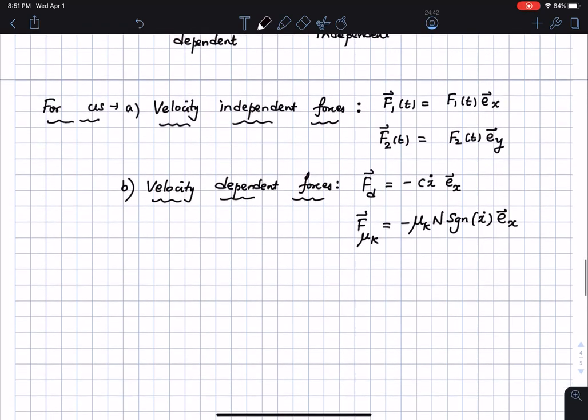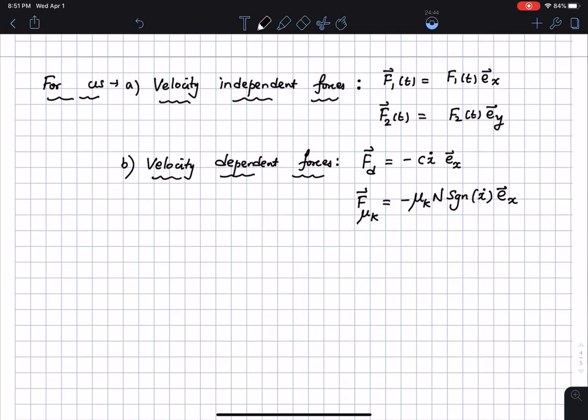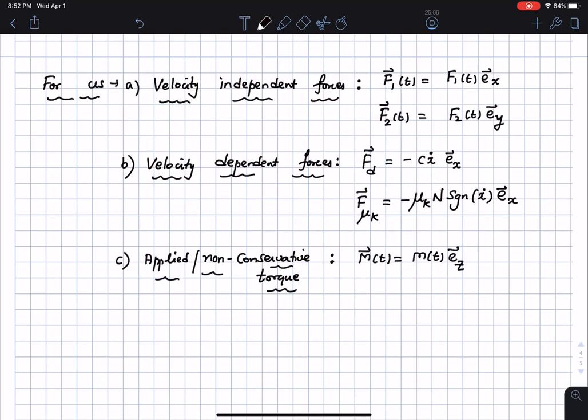Okay, and then we have the applied non-conservative torque, that is m of t in the counterclockwise direction. Alright, so these are the things that we have for us.